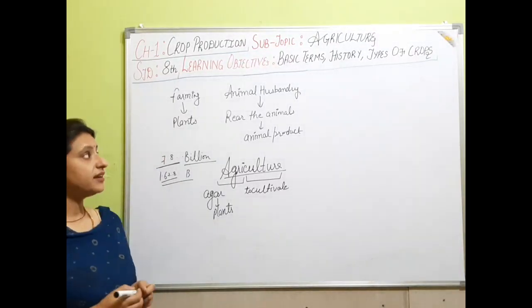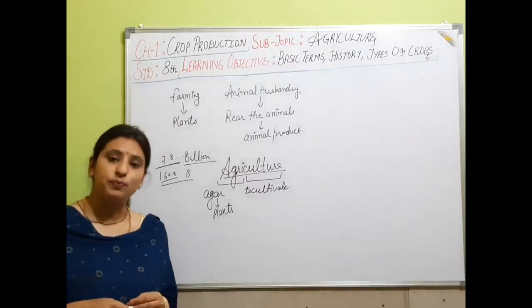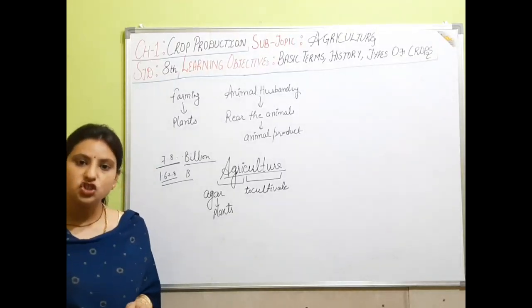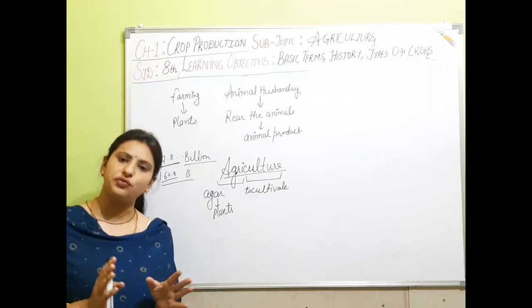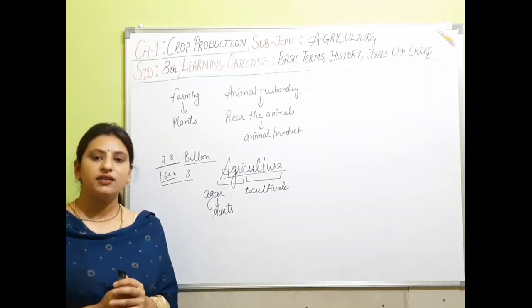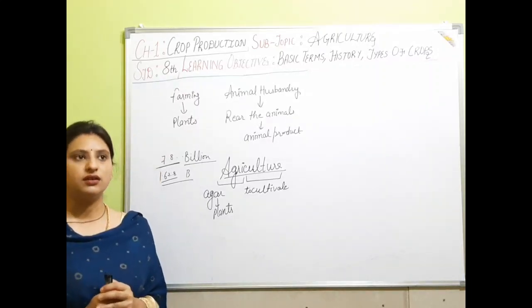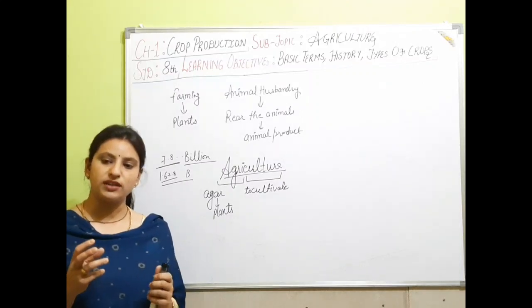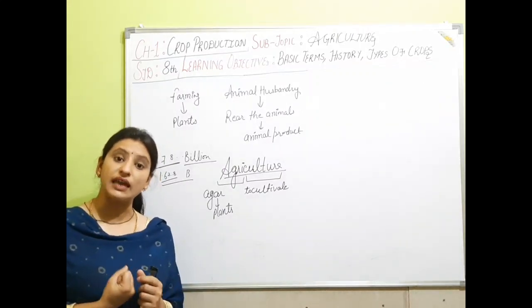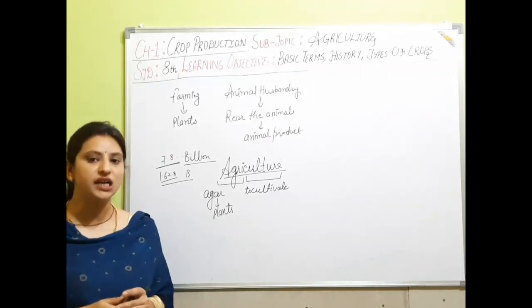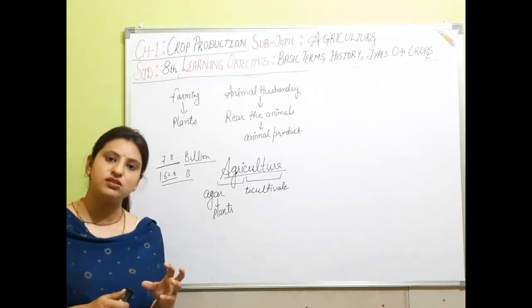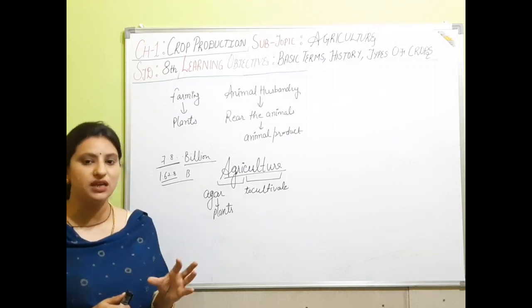So let's check how agriculture came into practice. Agriculture came into practice thousands of years before. When we first evolved from the apes, that is from chimpanzees, at that time we were just hunters; we killed animals and ate them. We were just meat eaters.